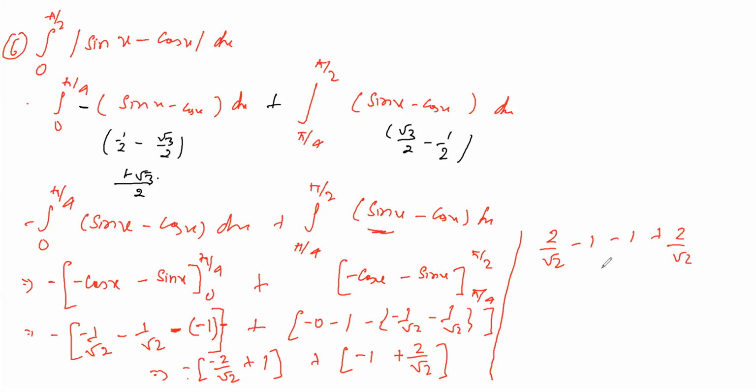So minus 1, and now you see 2 by root 2 and 2 by root 2. Actually 2 by root 2 is equal to root 2 only. Yes or no? So root 2 and this root 2, how much will we get? 2 root 2, and minus 2 we will get. So 2 we can take common, and here root 2 minus 1. So the correct option is 2 into root 2 minus 1. Okay.